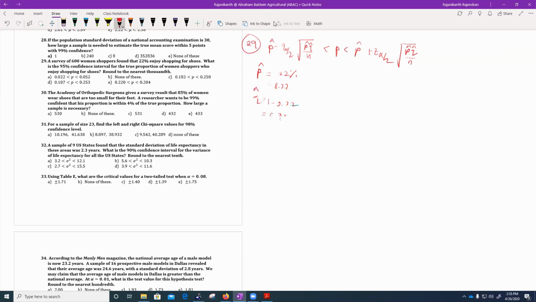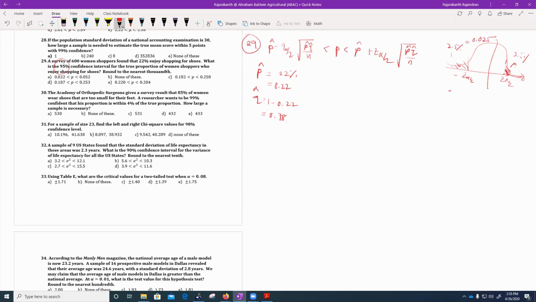Now we need to find the interval for 95% confidence. If you draw the z, this is my z alpha over 2. For a 95% confidence interval, this is 2.5% and that side 2.5%. So 2.5% is 0.025.